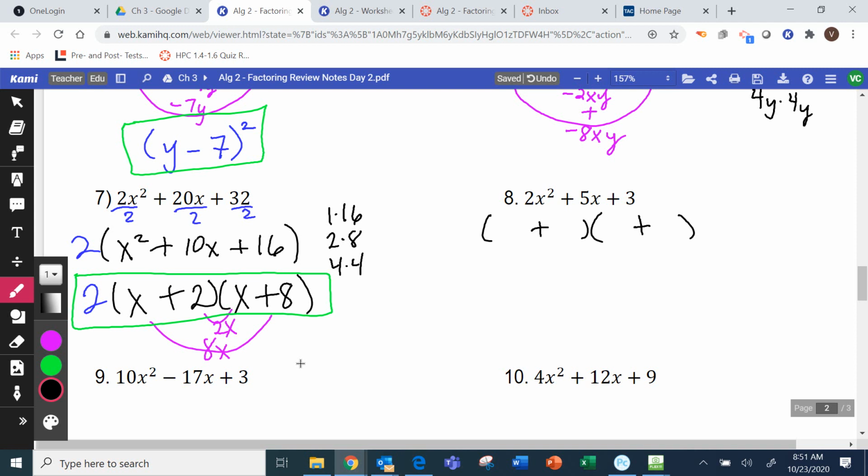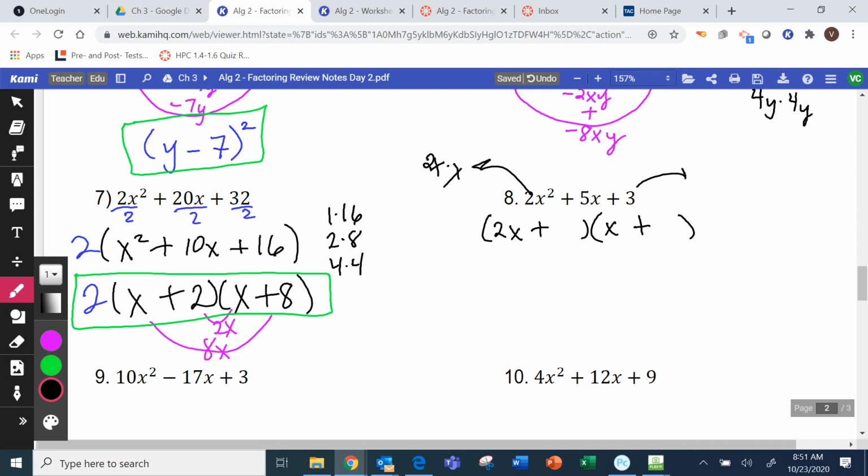Now for this one, I've got a 2x squared. I haven't had that yet. This is my first one with the 2x squared. To get 2x squared, you will multiply by 2x and an x. That's how you get 2x squared. We're going to do 2x and an x. It's your only option.